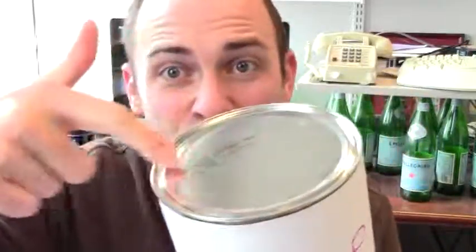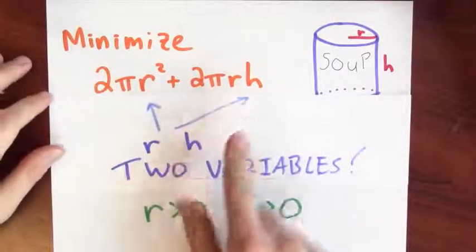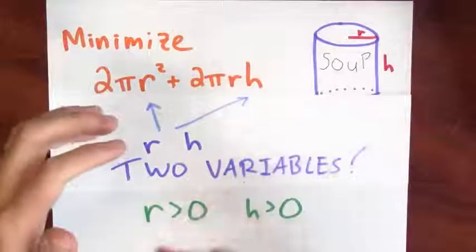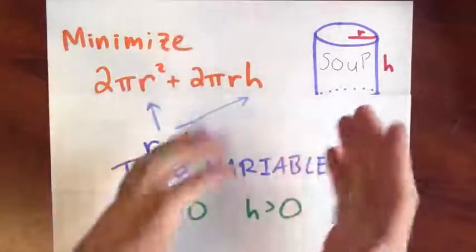This thing that I'm trying to optimize really involves two variables. It involves a height and also a radius. This is some bad news, right? The quantity that I'm trying to minimize involves two variables, r and h. And calculus, as we've been setting it up, only works for understanding how a single variable changing affects something else. So I need to rewrite this function of two variables as a function of a single variable.